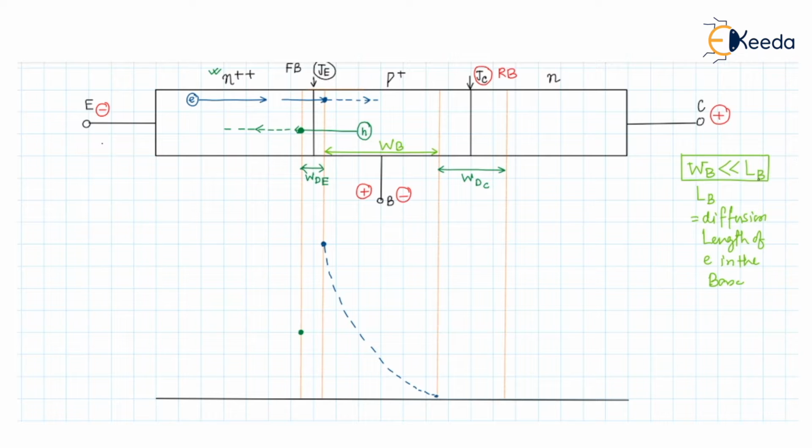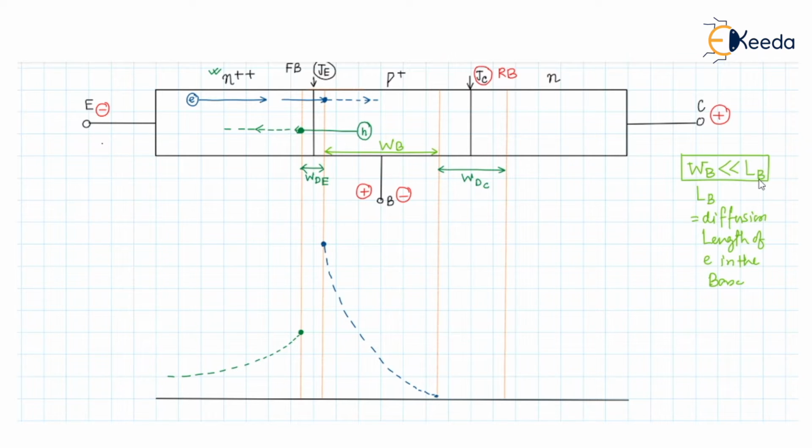Again, the holes which are coming from the base into the emitter have become the minority carrier, so they will also diffuse in this fashion. These are the concentration profiles of the minority carriers inside the bipolar junction transistor emitter and base.